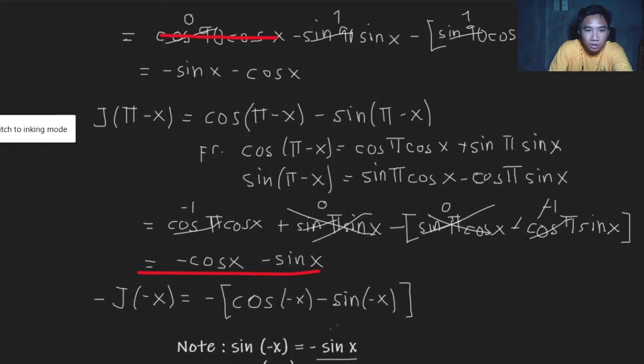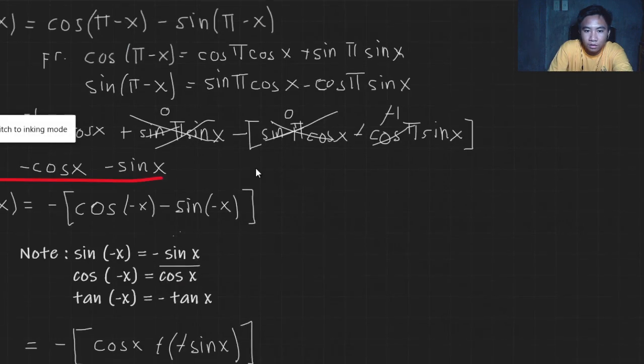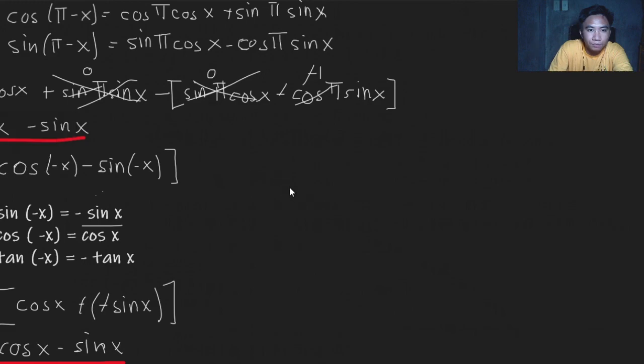Which is ito. So, the same as negative cosine x, negative sine x. Therefore, the j of pi all over 2 plus x is equal siya sa j pi minus x is equal siya sa negative j of negative x.